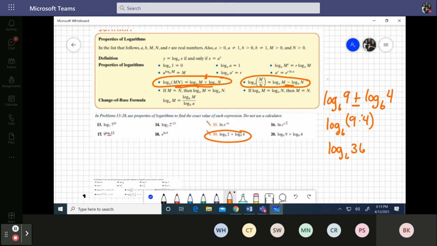Do my numbers have any kind of relationship? Well, that 36 I could write as 6 to the second power, right? So then I go back up to here. And that means the whole thing is equal to 2. Okay?